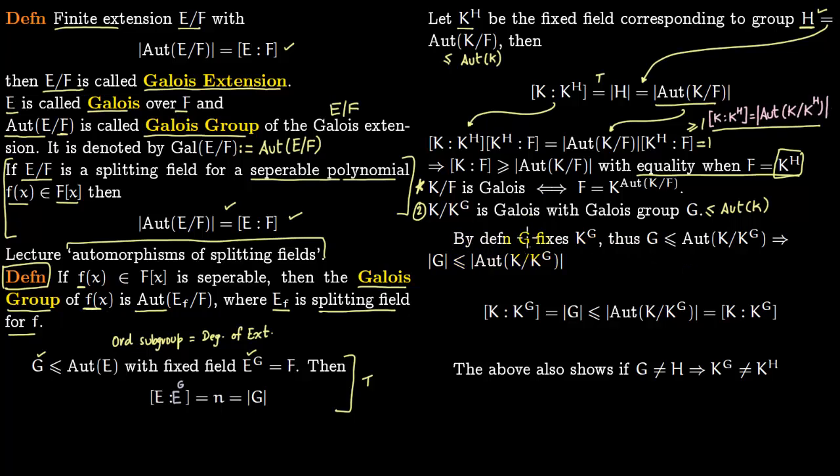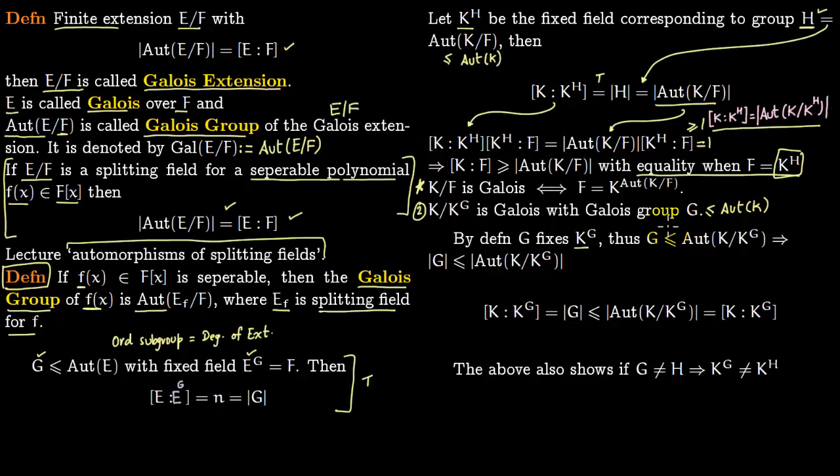Now by definition this G fixes this field K^G. That is the definition of K^G: the field which is fixed by this group G. Therefore G is a subgroup of automorphisms of K which fix this field K^G. We do not know for sure that this is the entire group. We know for sure this is a subgroup because it fixes this field, but there could be something bigger than G also. So we don't know whether there is equality here or not.